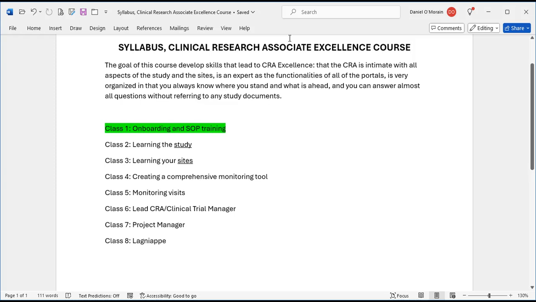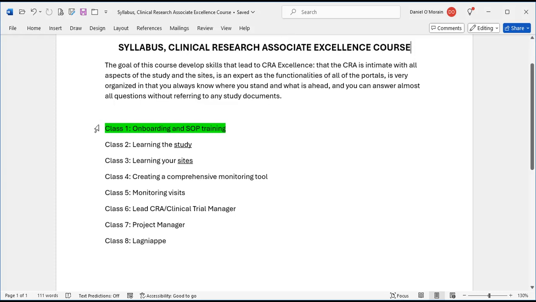The purpose of this course is to share some of the tips and tricks and wisdom that I've gleaned over my 20-year career with those CRAs who want to improve their skills or become excellent. This is the syllabus of the entire Clinical Research Associate Excellence course.